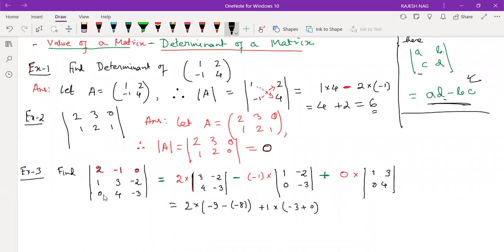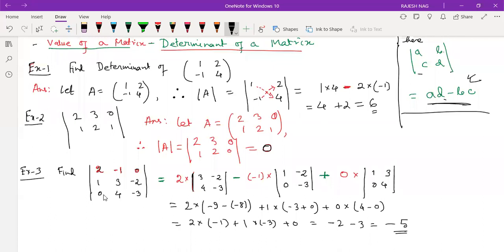Okay. 2 into 0, that is 0, plus 0 into whatever may be the value, minus 4 0. Okay, and calculating we have plus that is 2 into minus 1 minus 9 minus plus 1, the minus 1, 1 into minus 3 plus 0. So we have minus 2 minus 3, answer is minus 5. Okay, the value of the determinant is equal to minus 5.